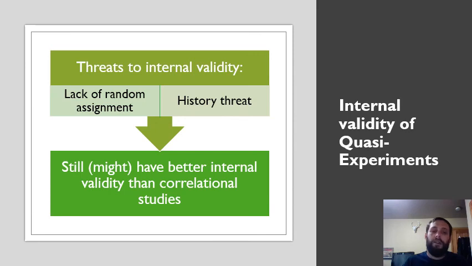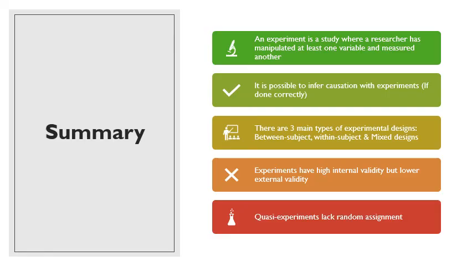But these are both threats to our internal validity. So essentially what I'm trying to say is that we have less internal validity than a true experimental study, but we probably, depending on how well the experiment was run, have better internal validity than correlational studies in a quasi-experimental design.